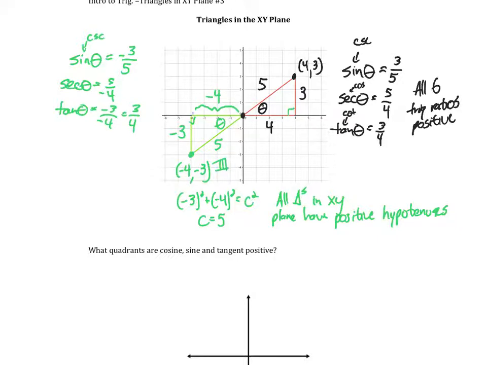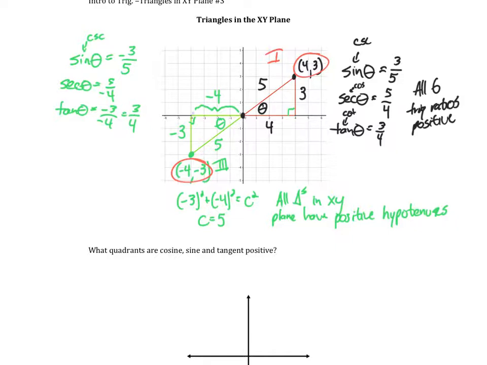The red triangle was quadrant 1. And notice in my points here, both my x and y values were positive, where here my x and y values were negative. That's really what led me to having those differences in signs.